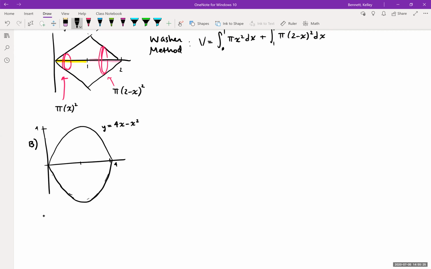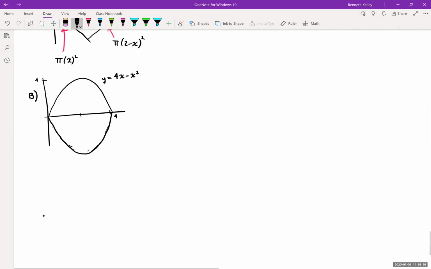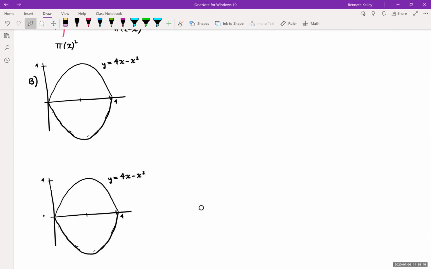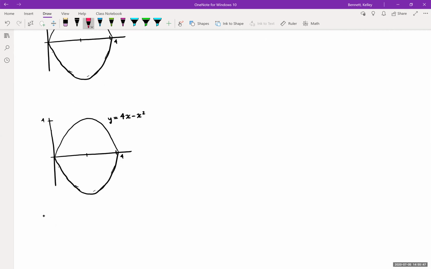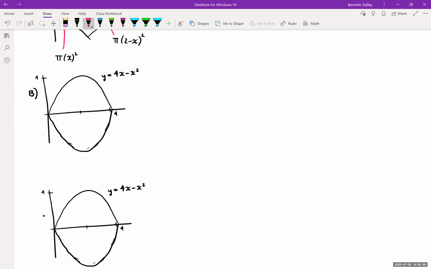So let's do the washer method first. I'm going to steal this and copy it so I don't have to rewrite it. If we're going to do the washer method, then our washers are always governed by the same function.